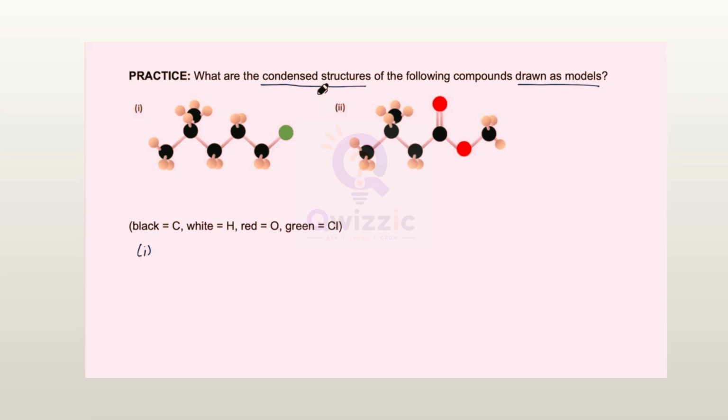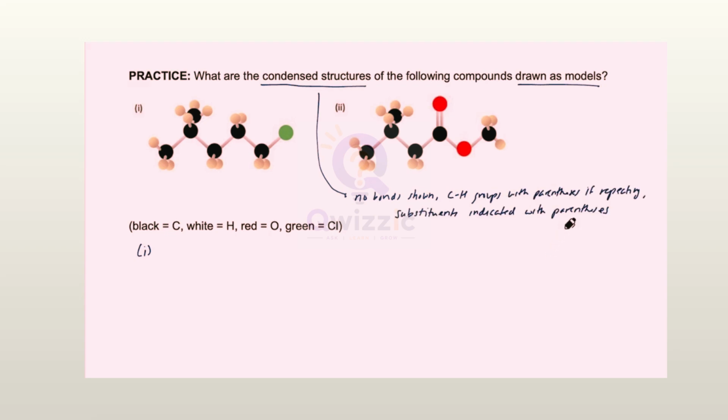Recall that in condensed structures, no bonds are shown, and we write carbon-hydrogen groups together with parentheses if they're repeating units, and substituents are indicated with parentheses to the right of whatever group they're bonded to. So first, let's just get an idea of how these things are together.